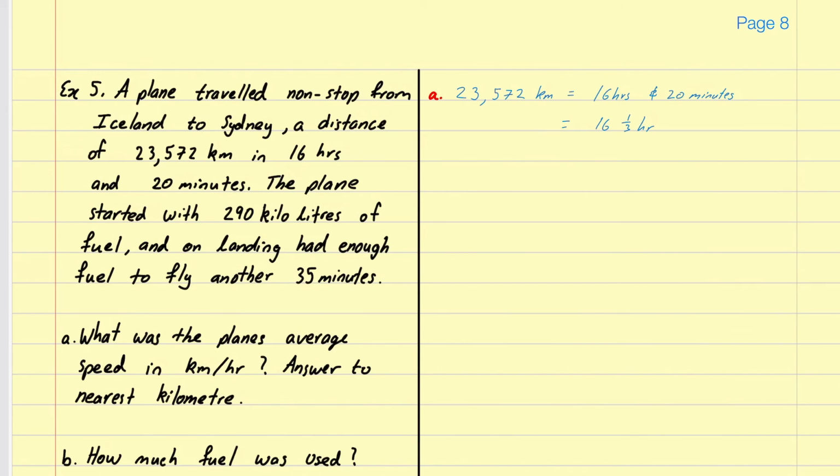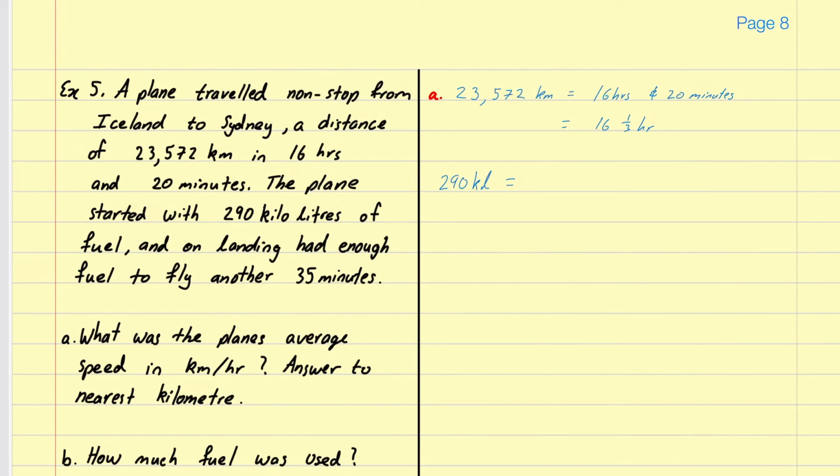The plane started with 290 kiloliters of fuel, and on landing had enough fuel to fly over another 35 minutes. So what this means is that the fuel they filled up with initially took them the whole journey, but when they landed, they realized, hey, we can go another 35 minutes.